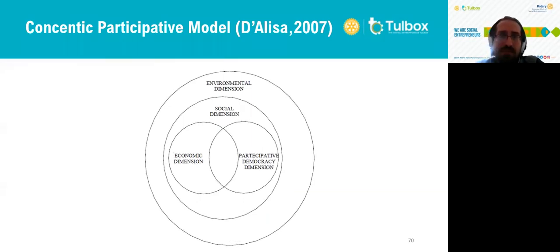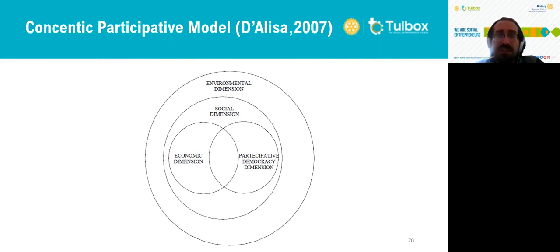As we can see from the image, this diagram is quite similar to the other. We always have the environmental, social, and economic dimensions, but they are displaced in a different way. And there is also another dimension that is very important, the participative democracy dimension.